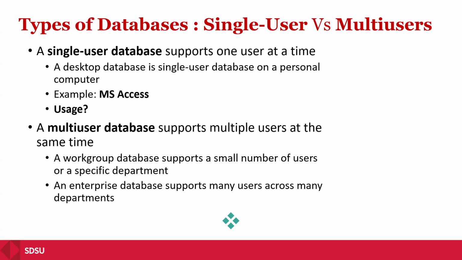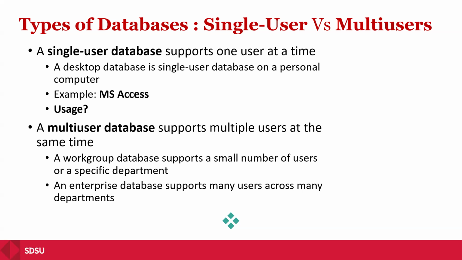And first, database can be single user versus multi-user. And there is a use case for both of those. So single user database is self-explaining, allows only one user at a time to interact with the database.